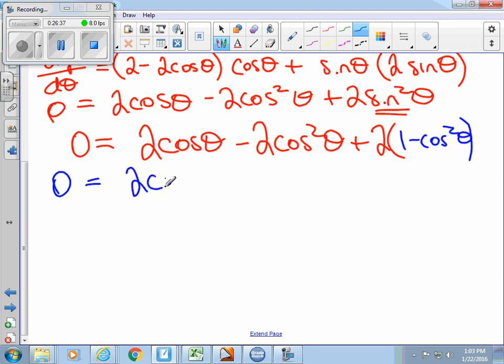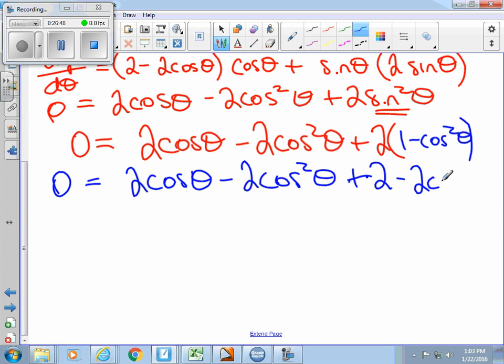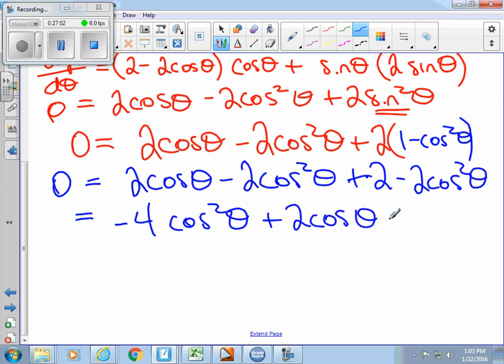So I get 2 cosine theta minus 2 cosine squared theta plus 2 minus 2 cosine squared theta. So I get negative 4 cosine squared theta plus 2 cosine theta plus 2.